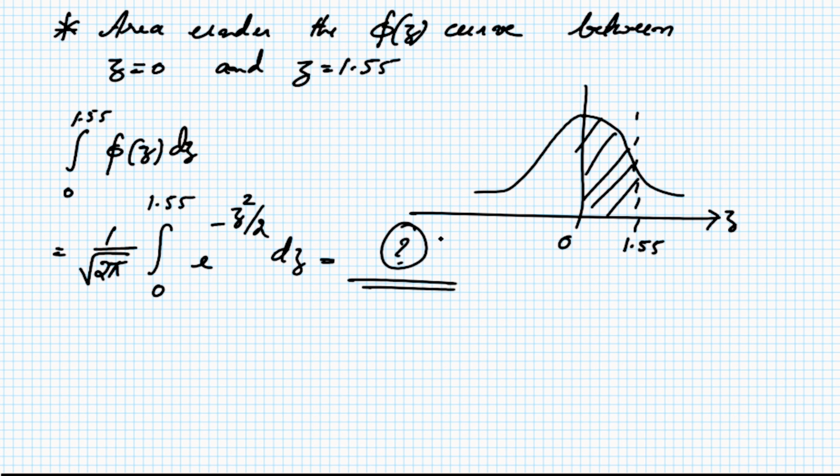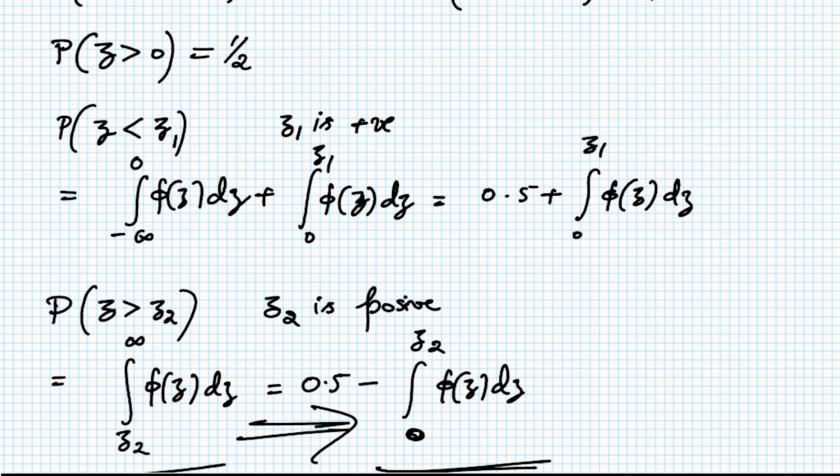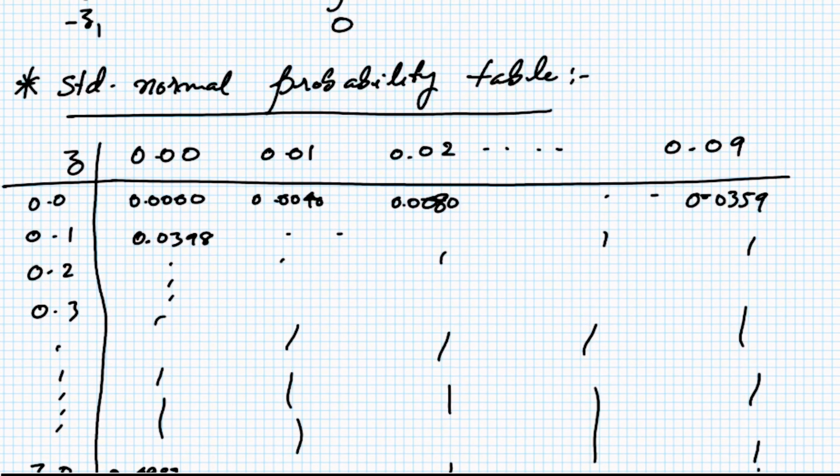I'll keep that question mark as it is. People who are solving by themselves will compare that answer later. I'm not following this method to get that answer. It's tedious. You have to do a lot of integration over there. So what we are going to do is use our table. Let me go back to the table which we have here.